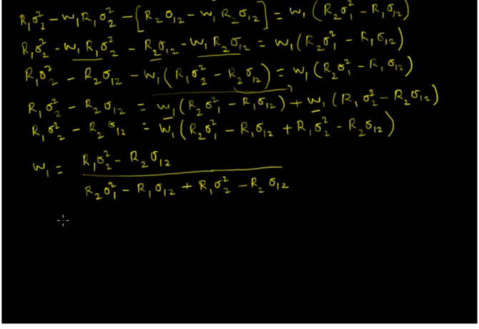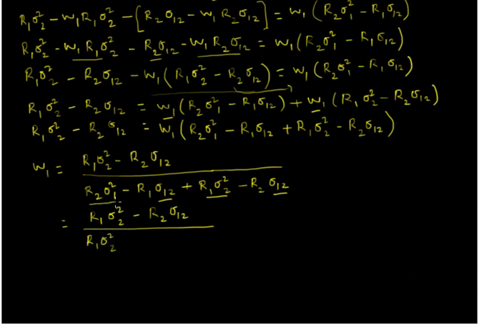We can write this in a slightly better format because we see in the denominator there's a covariance 1, 2 here and a covariance 1, 2 here, so we can collect these terms together. So the numerator is the same, and in the denominator I'm going to write out this term first. It seems logical that we start with R1, that's why.